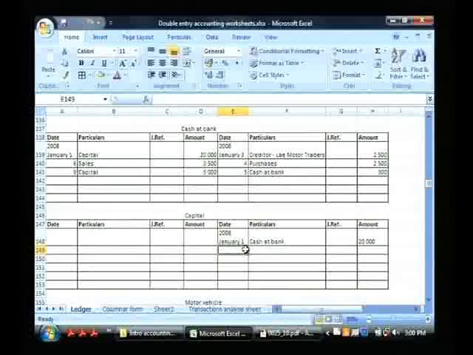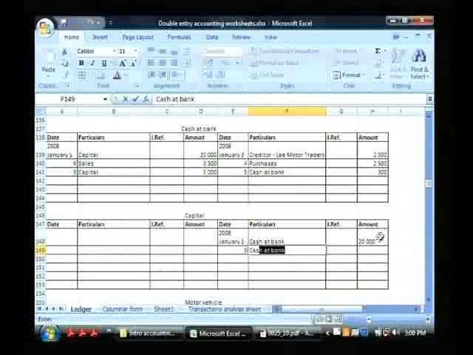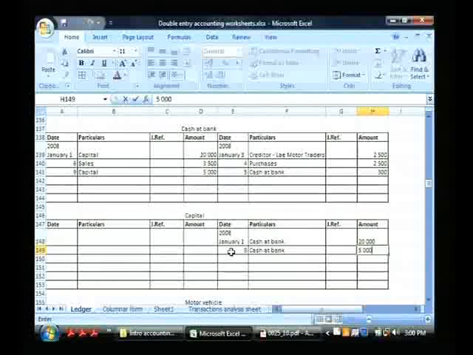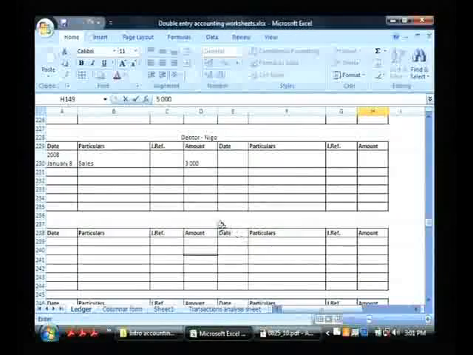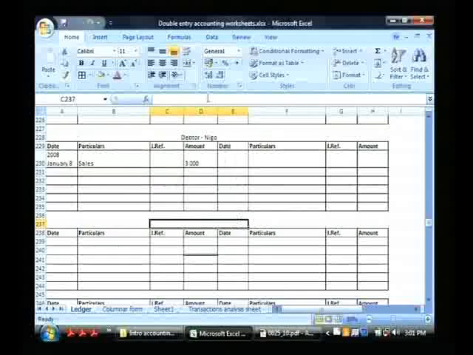Capital account is here, cash at bank, amount 5,000. Next, cash drawings by the owner. Then we have to have another account, drawings.